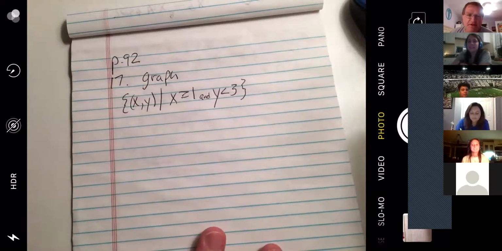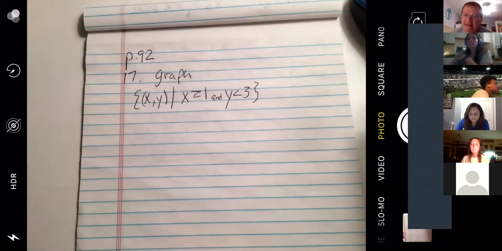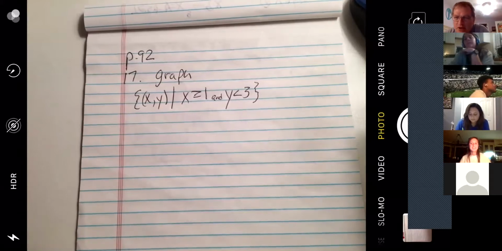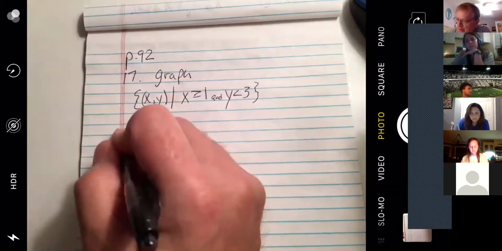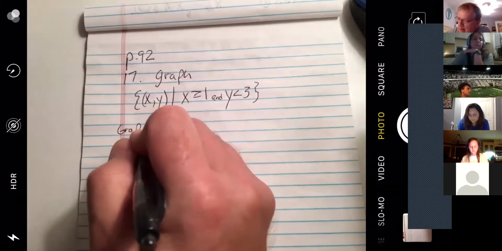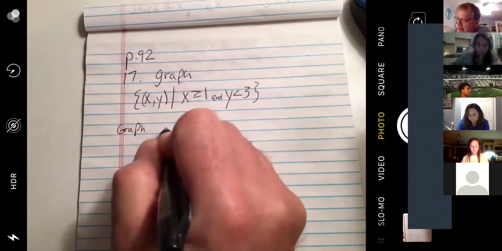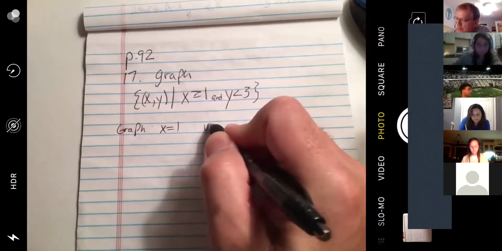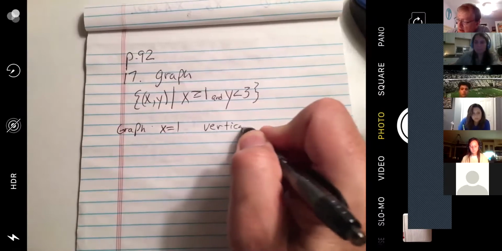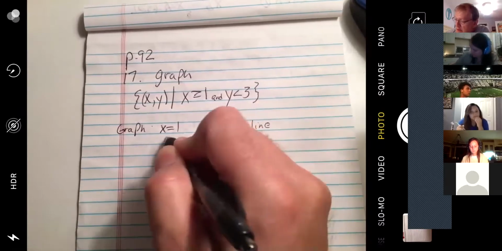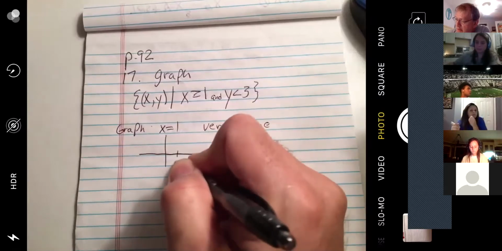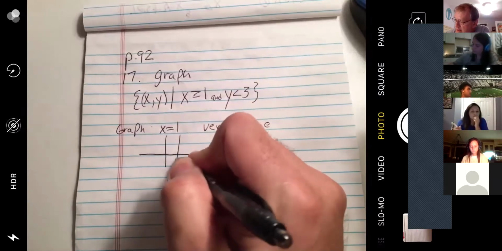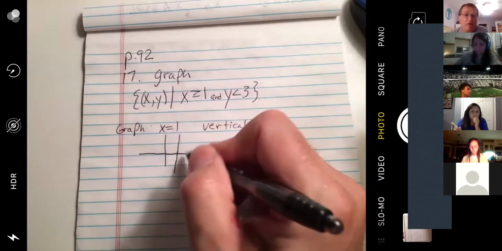I tried to put this in the files in D2L, but I understand it's hard to read without somebody showing you and explaining it. But it works off your basic graphs. So let me try to build up to it. If I had you graph x equals 1, does everybody know this is a vertical line? It would look like this, supposed to be vertical.